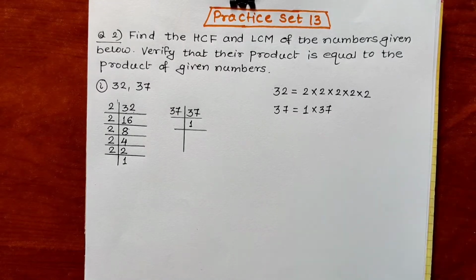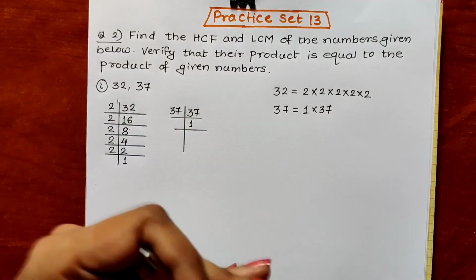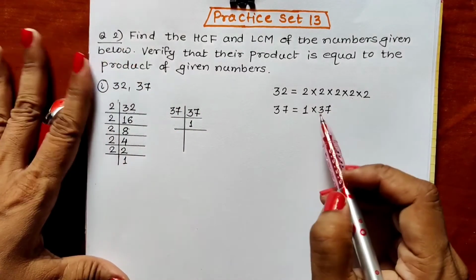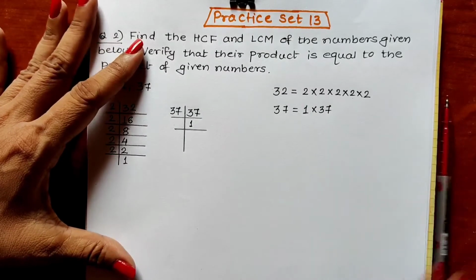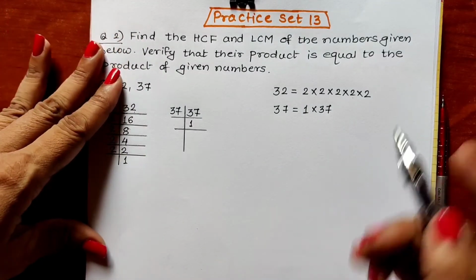Now let us find the HCF. We all know HCF means highest common factor. So we have to underline the common factors between these two. When we observe these factors, there is no common factor except 1. We all know 1 is a common factor of all numbers.